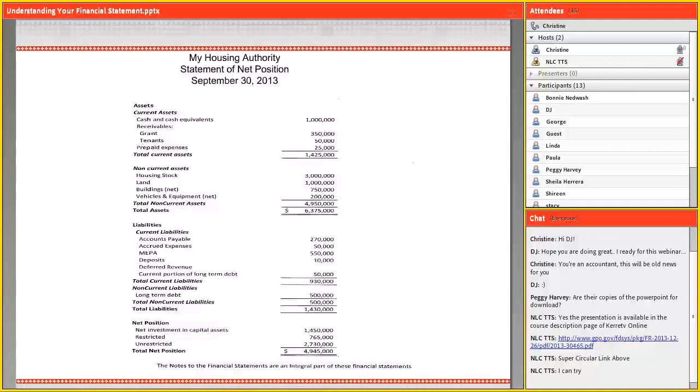As a housing authority, you're almost always going to have tenant receivables because that's where you get money. And you'll probably have some prepaid expenses, like insurance. That's one of the more common. You may have utility deposits that you've made. Anything like that would count as a prepaid expense. So there are your total current assets. Does anybody have a question on that?